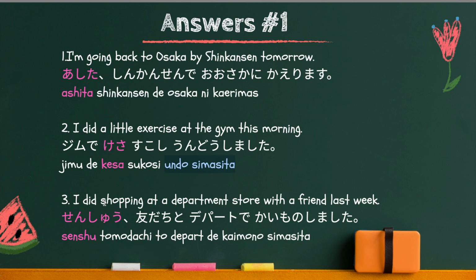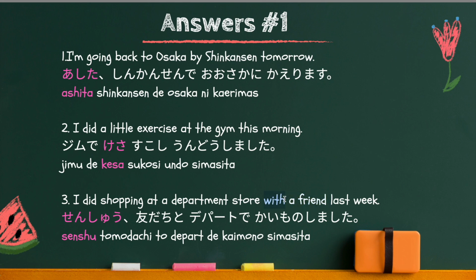Lastly, I did shopping at a department store with a friend last week. 先週友達とデパートで買い物しました。Last week is 先週. It's a time expression, but this one doesn't require any particle, so there is no particle after it. And with a friend.